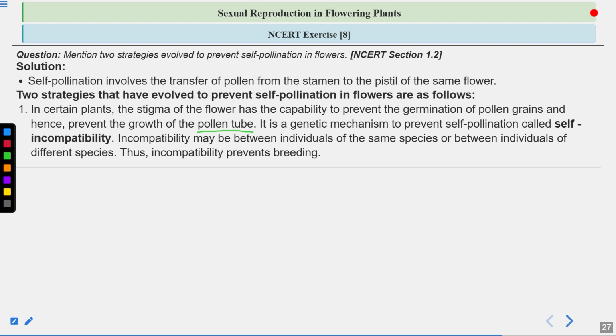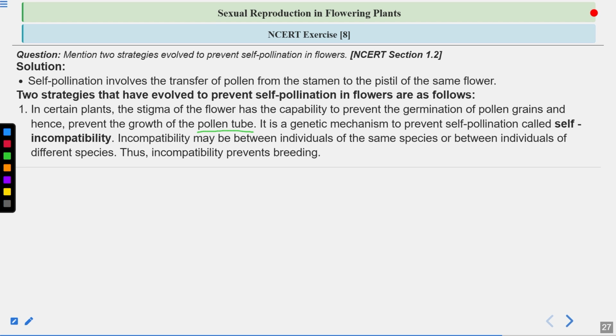In the last class, I told you that there is a genetic mechanism. What is the genetic mechanism? If the word genetic comes, then there is an involvement of genes. Suppose you are taking an example that the pistil has genes like S1 and S2, and the pollen grain also has the same genes, S1 and S2.